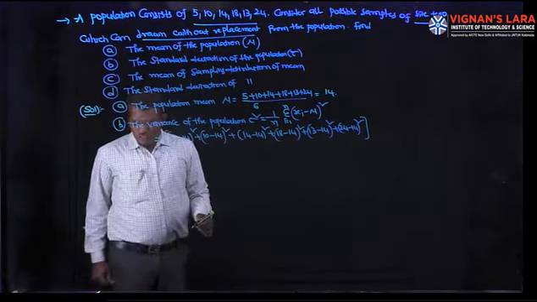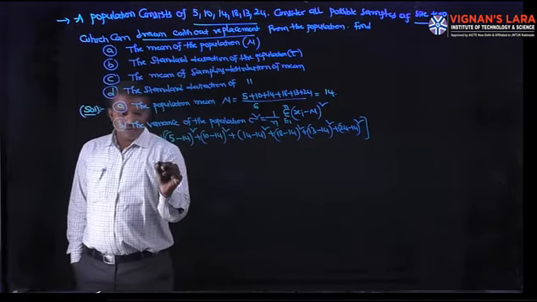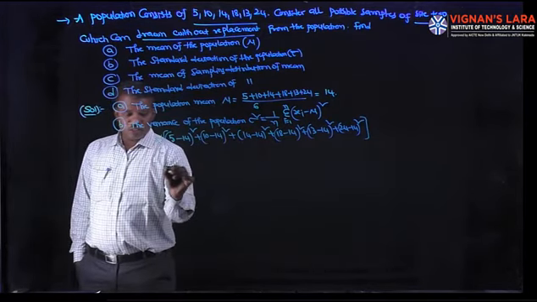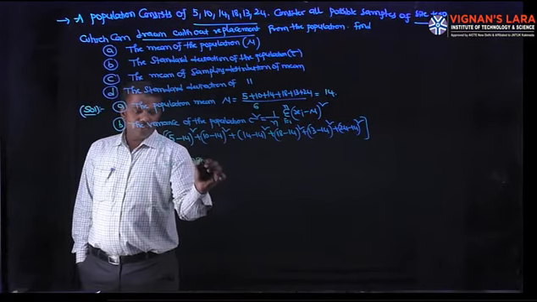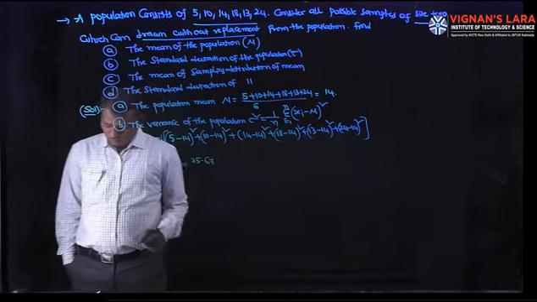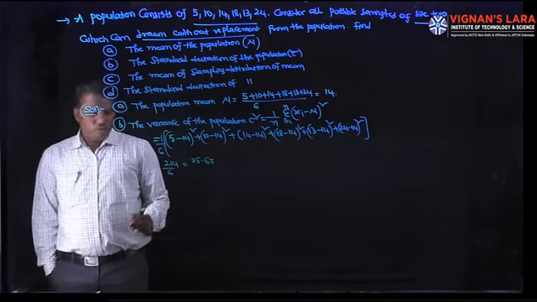This value is equal to 214 by 6, that is 35.67. That is the variance of the population.